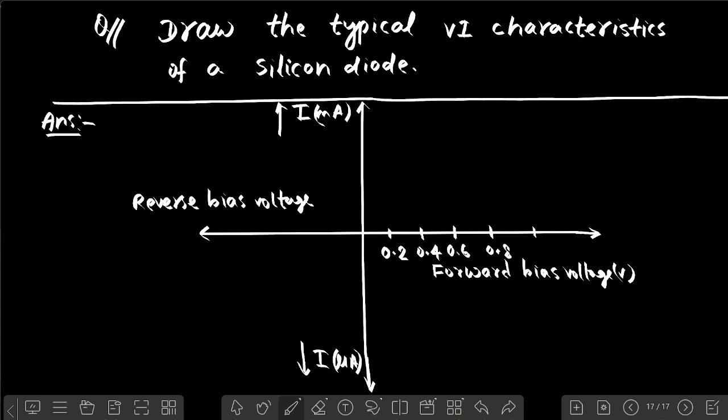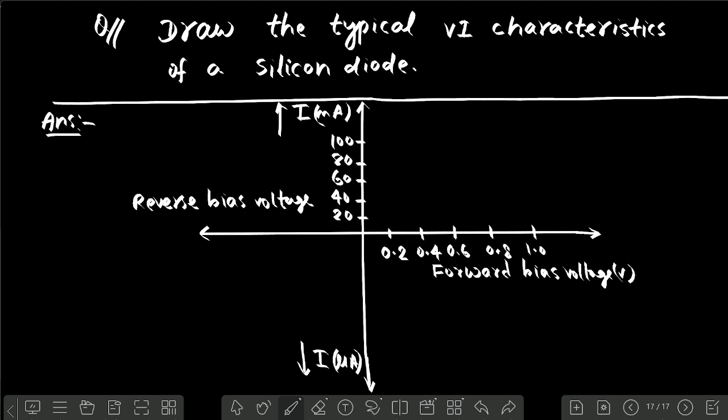Next 1 volt. For current, 20 milliampere, then 40, 60, 80, 100 milliampere. Like this you take current.